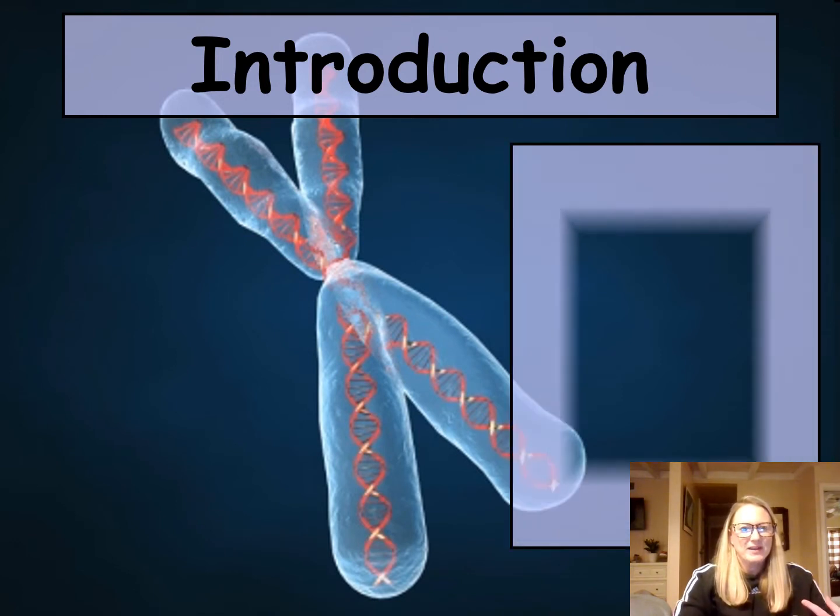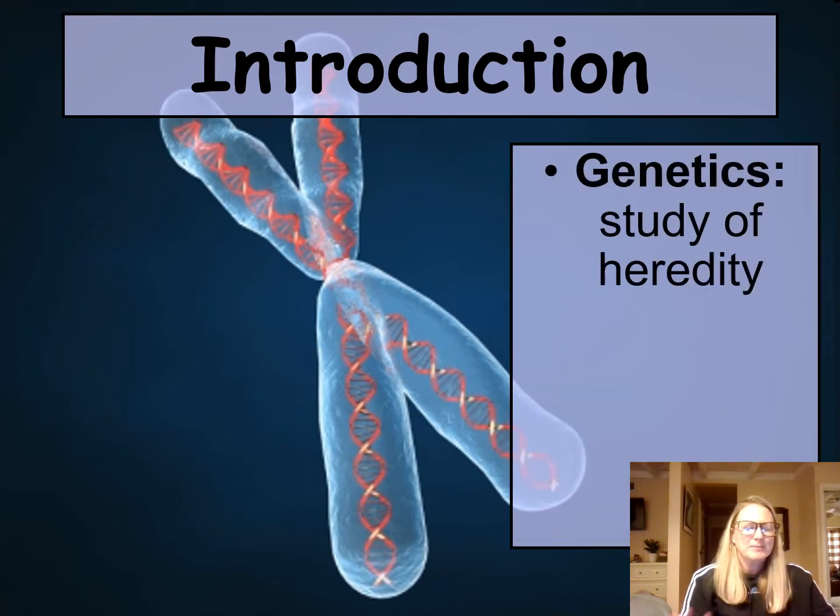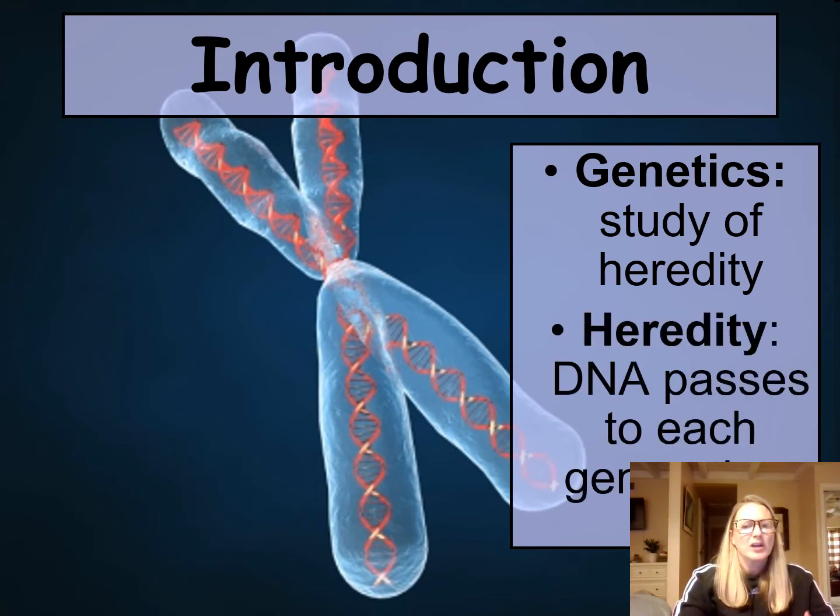So the first thing that we're going to be talking about is pretty much a definition, right? In case you're wondering what genetics is, or if you're a geneticist, what are you studying? Well, you're really studying the patterns of heredity and how things are passed on from one generation to the next. Now, way back in the day, scientists did not know how heredity works.